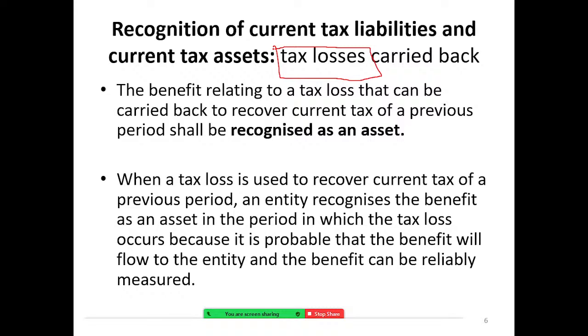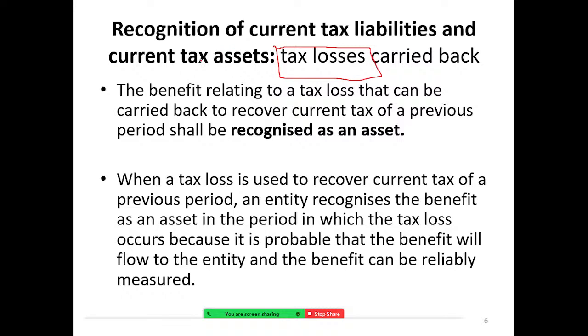But in practical terms, the government does not pay anything to the taxpayer facing loss. What the government does is, in the future, when they pay income taxes, they can give some kind of credit. It means they can offset the previous losses in the future period.